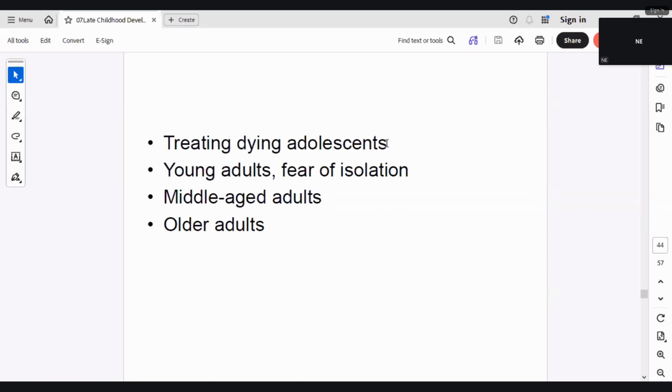Also middle-aged and older adults, how do they deal with death in terms of their families and preparing their families for being without them, making out a will. So many things go into it, depending on where the person is in their life.